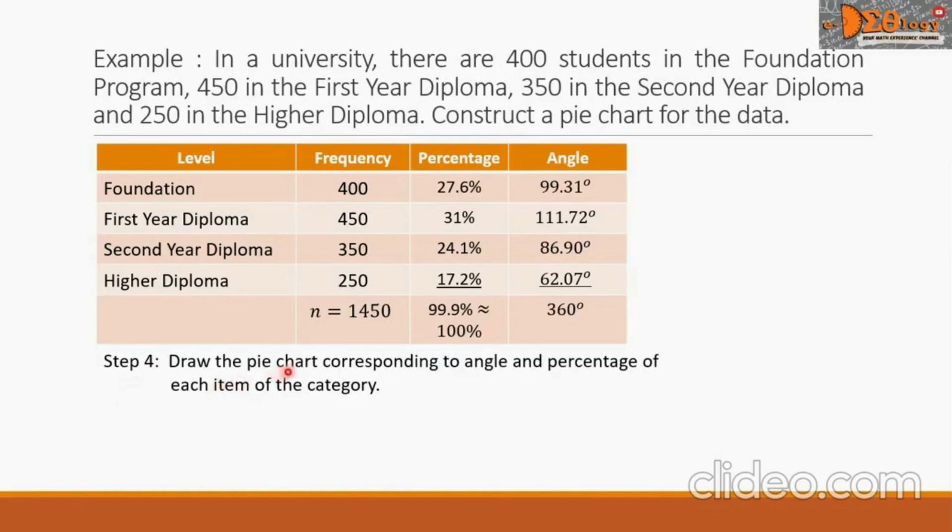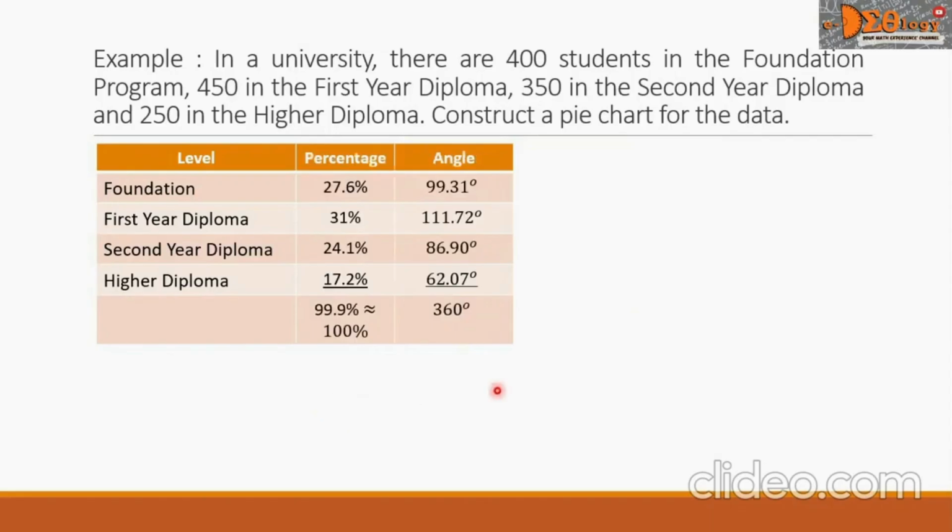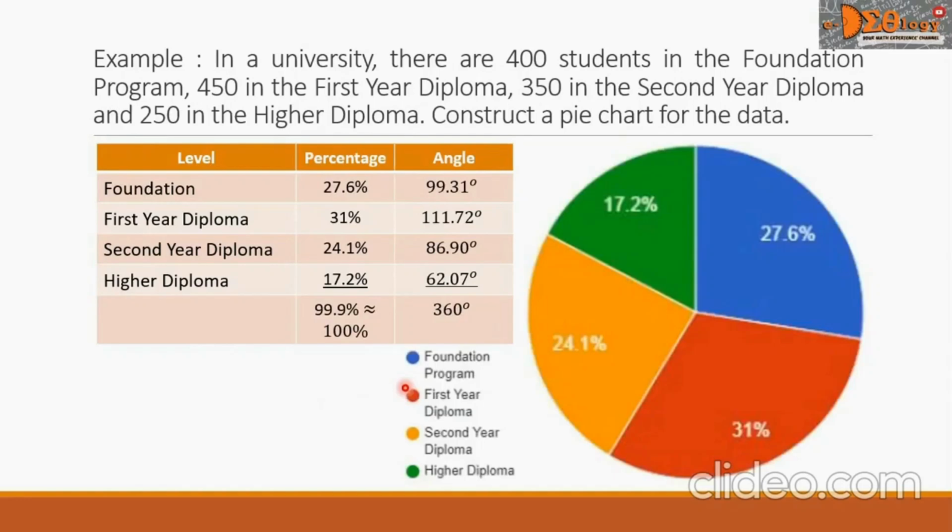Draw the pie chart corresponding to angle and percentage of each item of the category. So let us minimize our table because we are going to draw the pie chart. This is the finished product or the pie chart of this example.